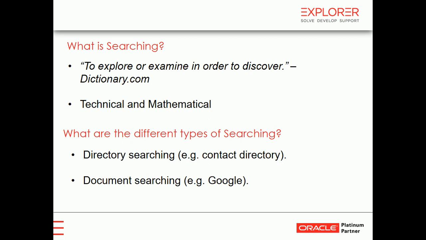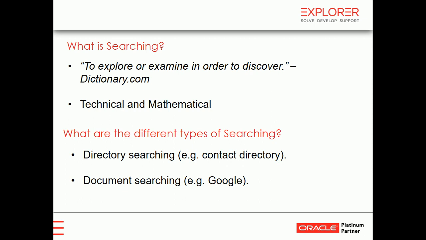So, what is searching? Dictionary.com defines it as to explore or examine in order to discover, which is quite a vague term. When you think about it, searching can actually get very technical and mathematical, and APEX is really all about creating your applications as quickly as possible but making them very functional and usable, and we don't want to get involved in the real nitty-gritty of what can be involved with searching.